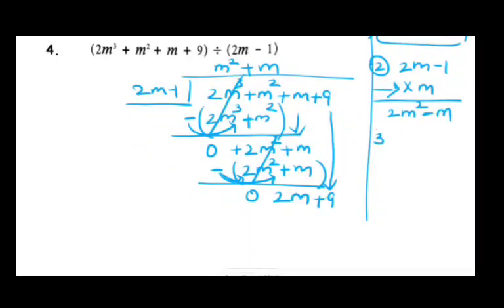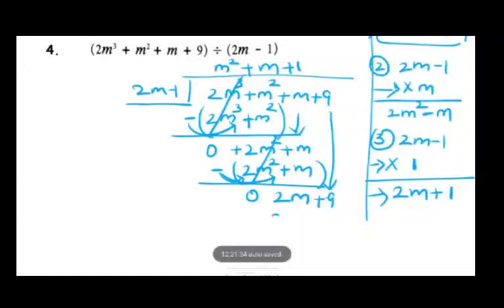What next? 2m minus 1 into 1, children, because I want 2m. So 2m into 1 makes it 2m. 1 into minus 1 makes it plus 1. So here I add plus 1 as my quotient. 2m plus 1 goes in my working.